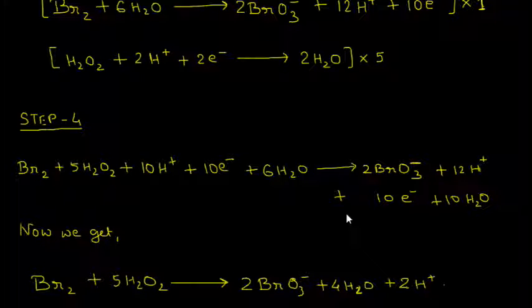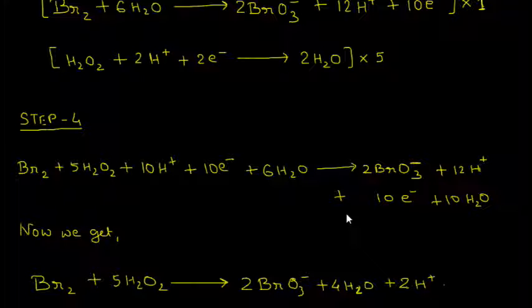So step 4: upon solving the equation from step 3, we get Br2 plus 5H2O2 plus 10 H plus 10 electrons plus 6H2O gives 2 BrO3 minus plus 12 H plus 10 electrons plus 10 H2O.